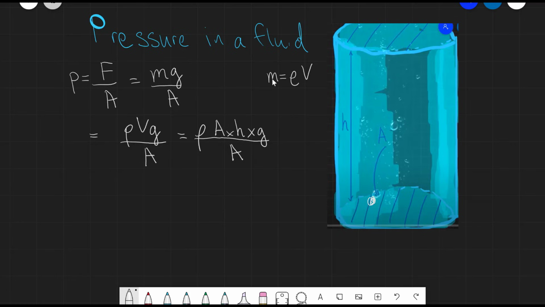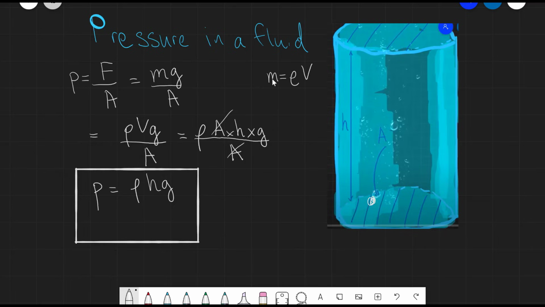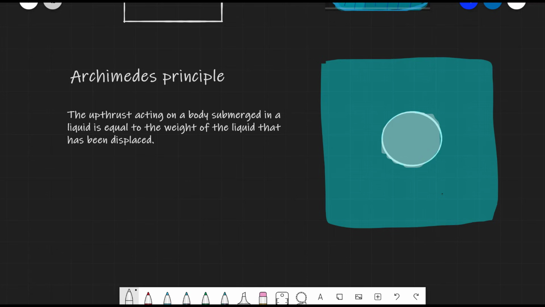Well, now I can cancel out the area, and I'm left with an expression for the pressure at a height h to be equal to the density of the fluid times the height times the gravitational acceleration. And this here is an expression for the pressure of a fluid at a height h below the surface of a fluid.